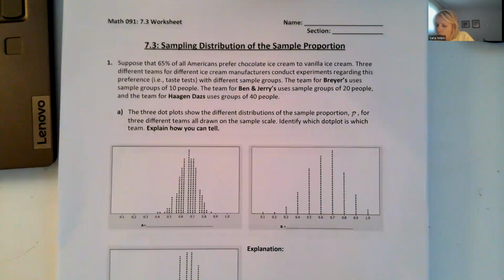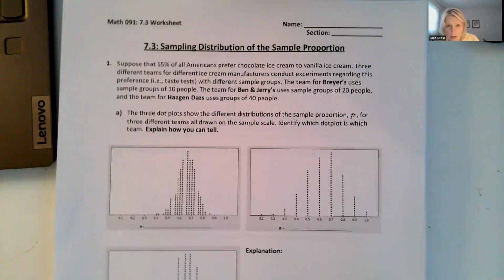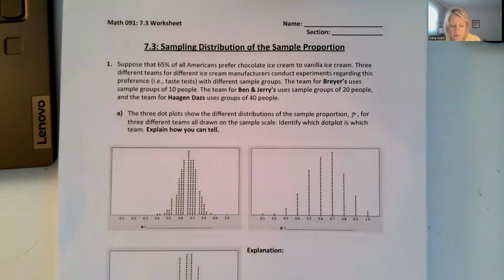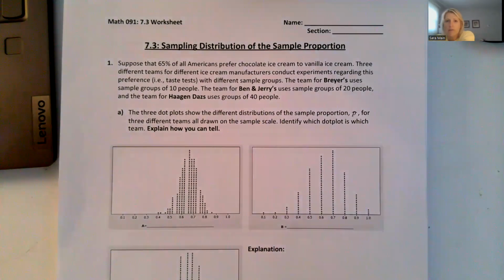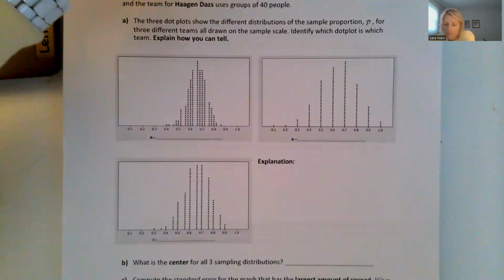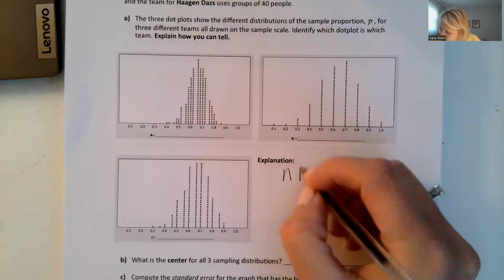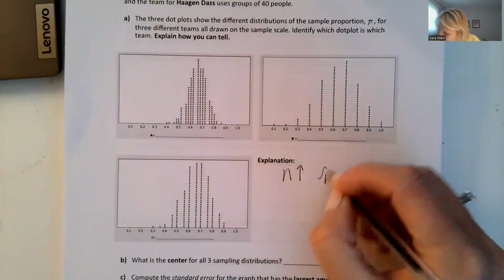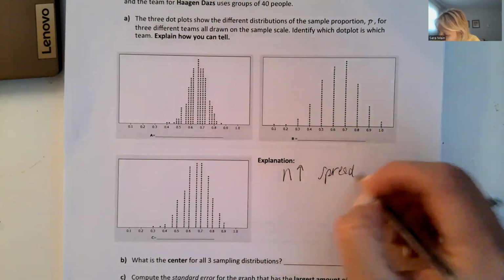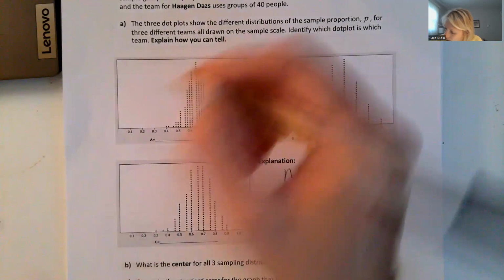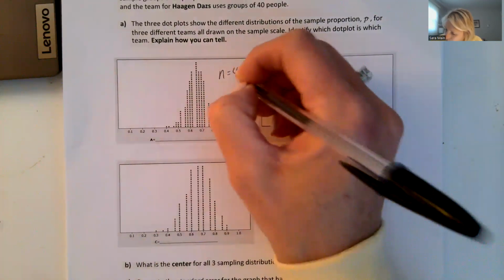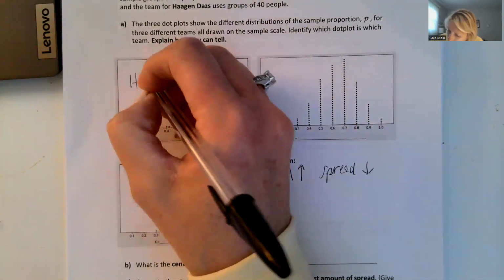What I would hope you got from the previous videos and the lesson notes is that the larger the sample size, the smaller the spread. So if sample size goes up, the spread goes down. This one here is our largest sample of 40 with the Haagen-Dazs.